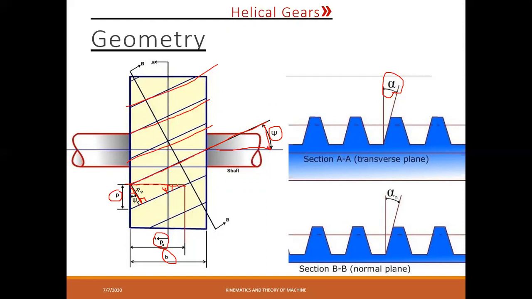So we have to take a relation between hypotenuse to Pn, means PA to Pn. So we can get sine psi is equal to Pn upon PA. But if we want to take the relation between circular pitch and axial pitch, then we have to take this triangle, right?